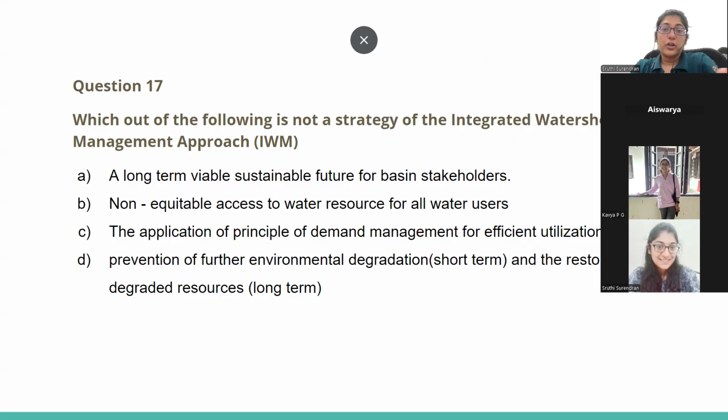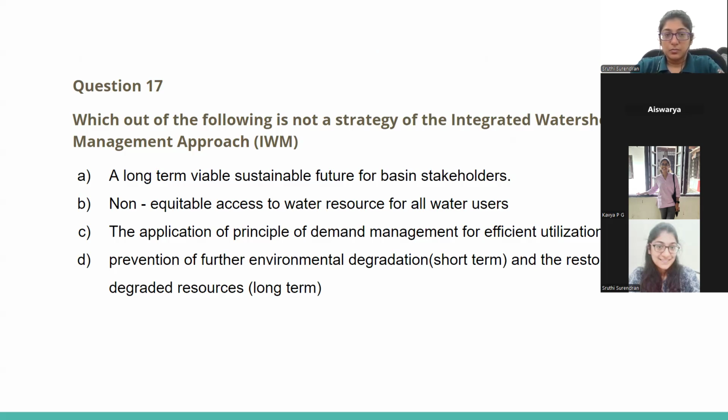Now we have got an idea about what the integrated watershed management approach is. Which of the following is not a strategy? Which of these following do you think cannot be a strategy involved in integrated watershed management?